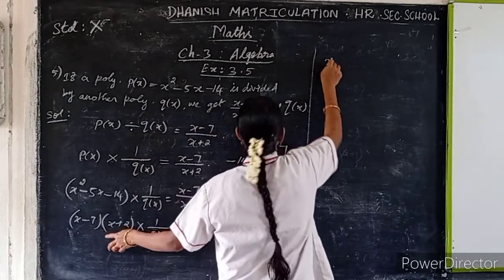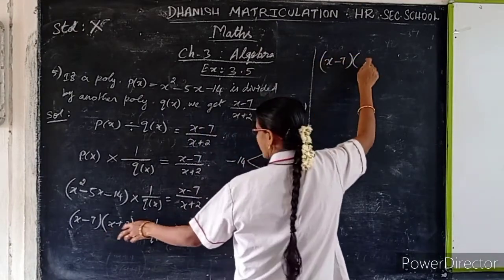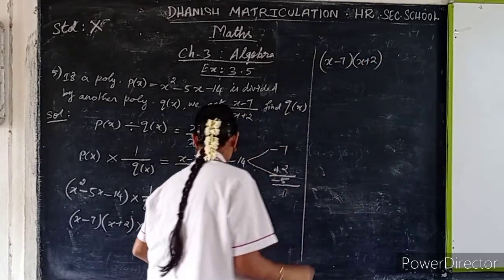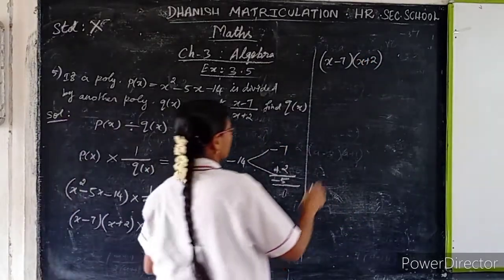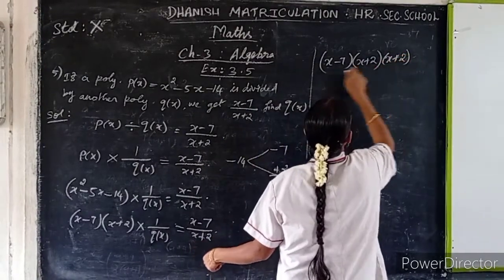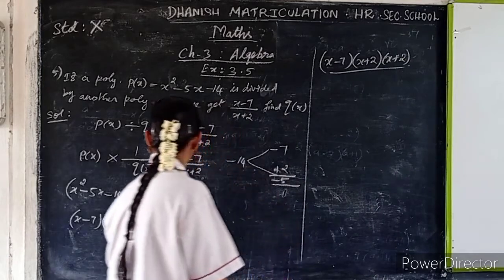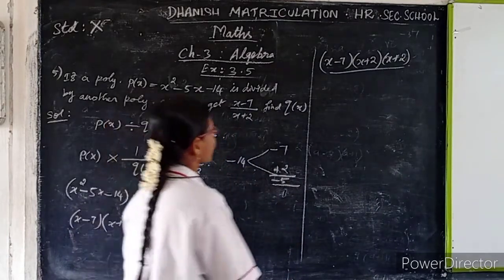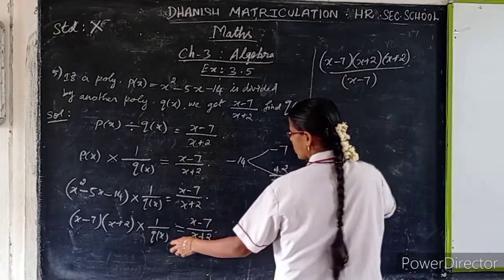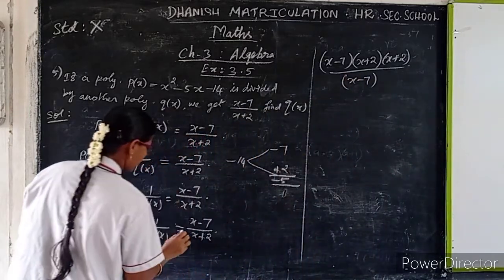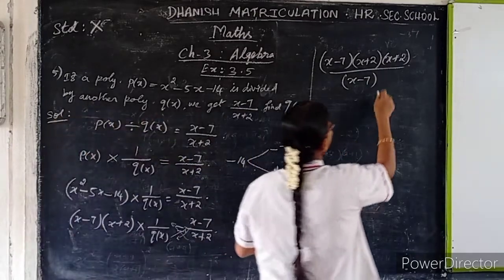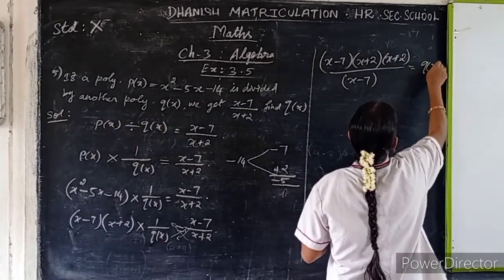So (x minus 7) into (x plus 2) is already on the left-hand side. This denominator goes to the numerator, into (x plus 2), divided by this (x minus 7), is equal to q of x.